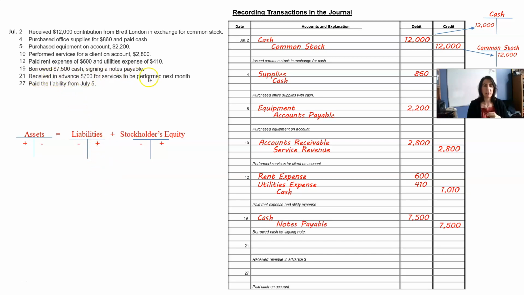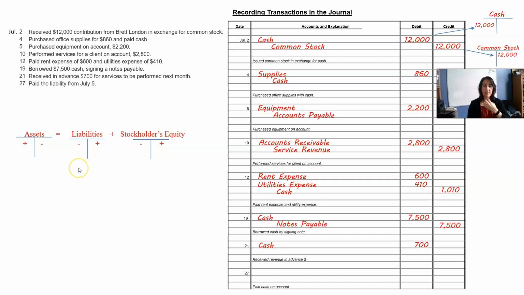Received in advance $700 for services to be performed next month. Okay, this is a new one. We got cash, so let's get that. We got cash of $700. We're increasing it. We didn't talk about this yet. Unearned revenue. Unearned revenue is when someone gives us cash in advance of our performing a service. So let's say somebody gave me $1,000 to mow their lawn for the whole summer, and they gave it to me in like May.